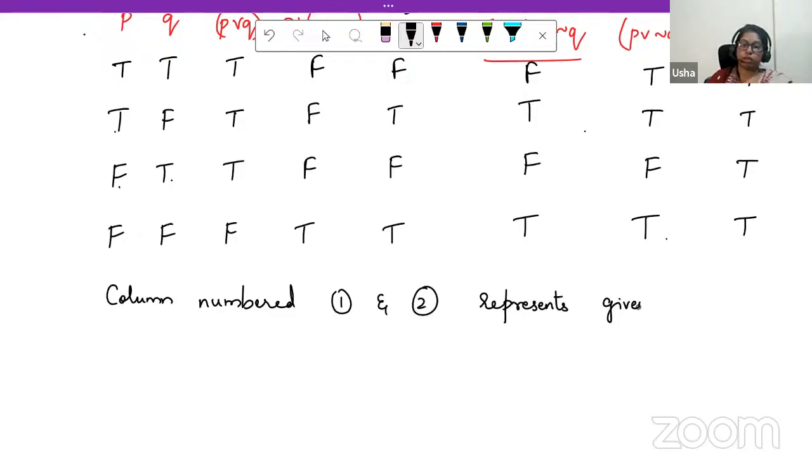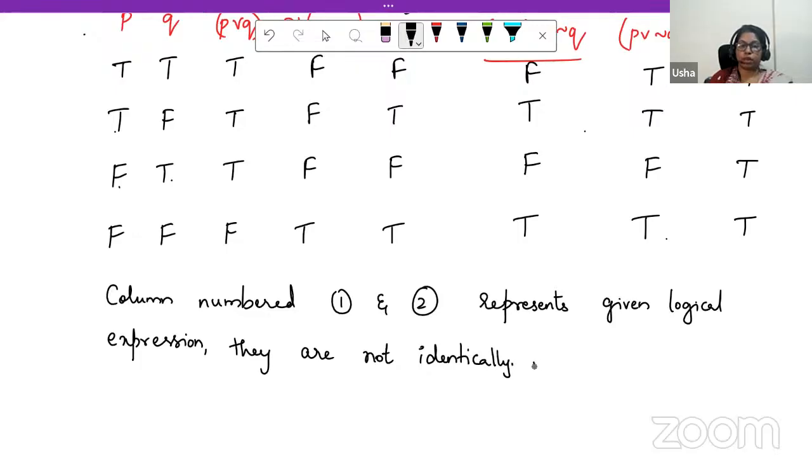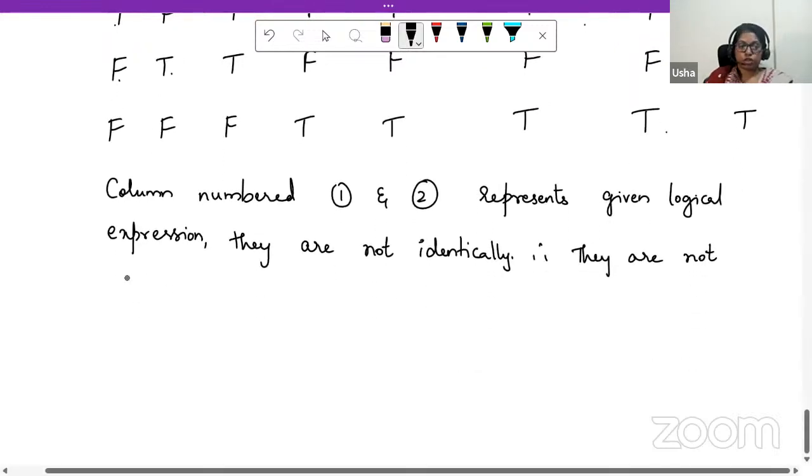And we see that they're not identical. Their truth values are not identical. Therefore, they are not logically equivalent.